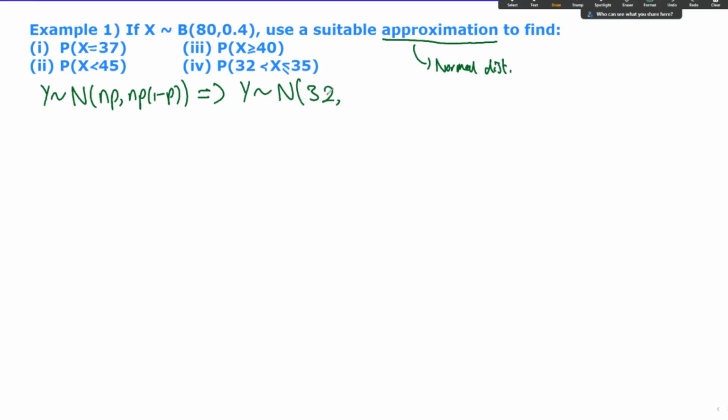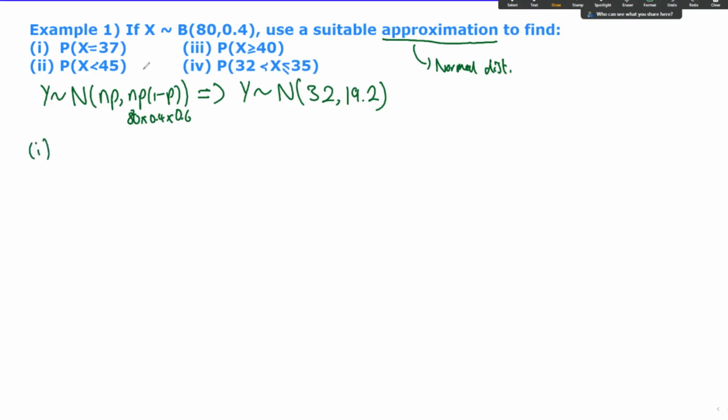And then for the variance, 80 times by 0.4 times by 1 minus 0.4, which is 0.6. And that will give us 19.2 as our variance.